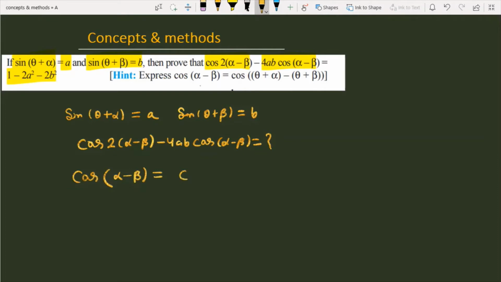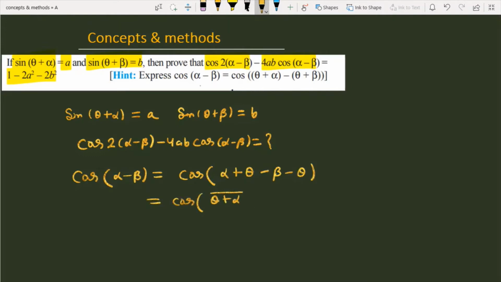With some manipulation, we can write cos(α − β) = cos((α + θ) − (β + θ)).